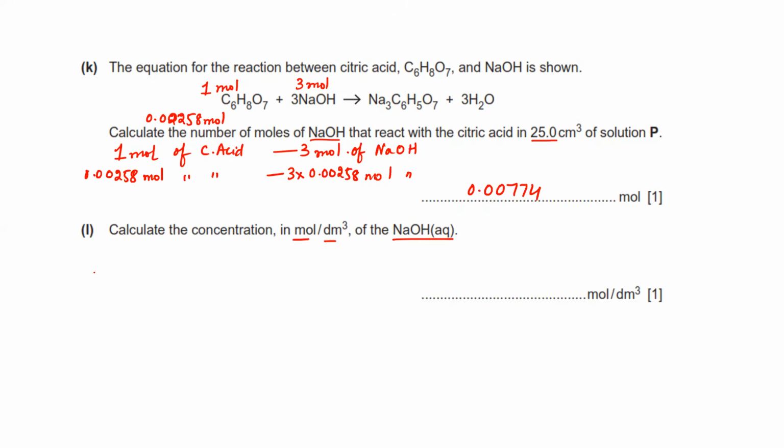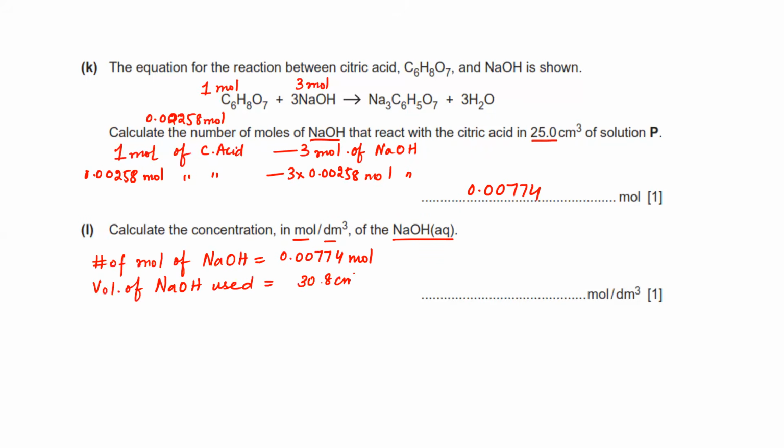Then it says calculate the concentration in mole per decimeter cube of sodium hydroxide. So remember, the number of moles of sodium hydroxide that are used are 0.00774 moles, and volume of sodium hydroxide used is 30.8 centimeter cube.